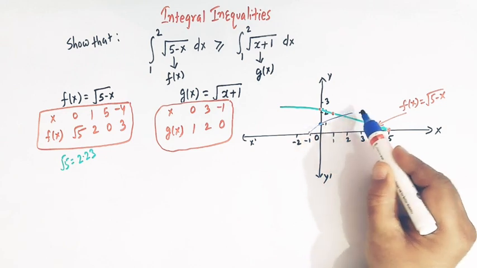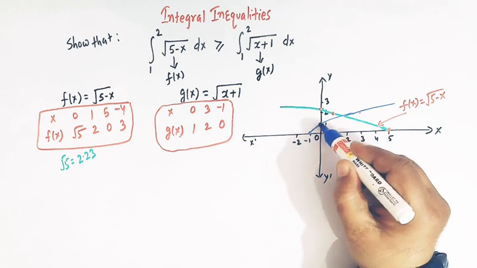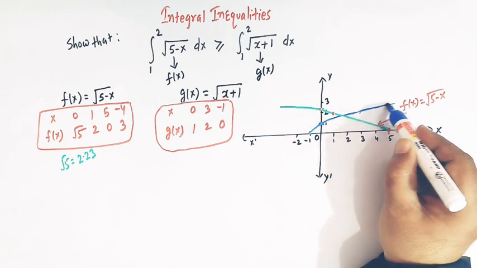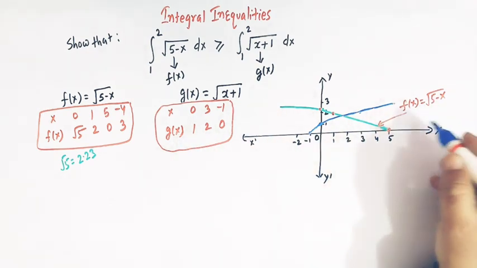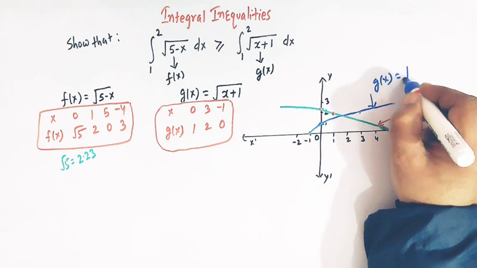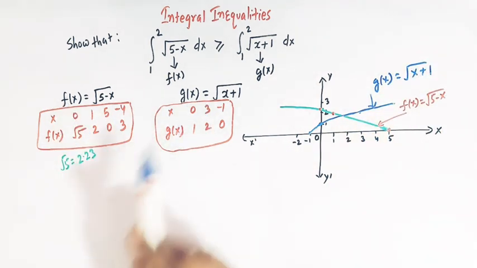So this is the graph of g of x, that is square root of x plus 1. Now we have the graph of both the functions.